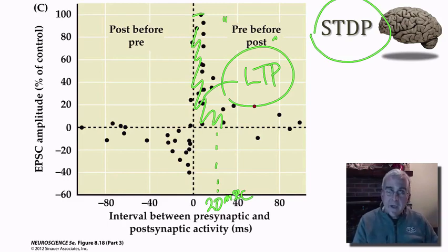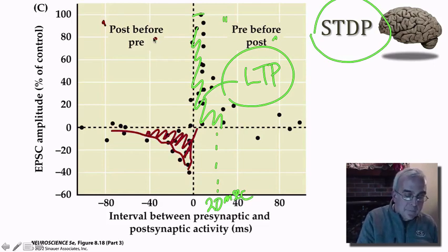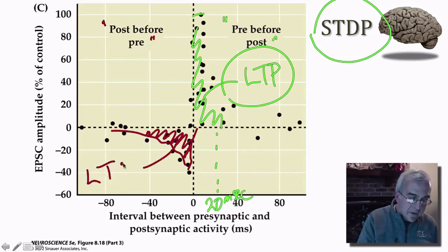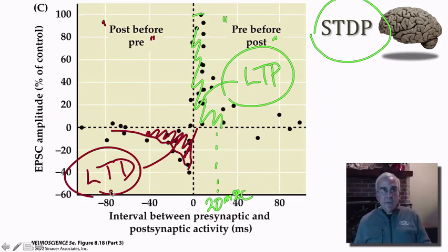Well, should that happen before the stimulus is applied to the input in question, we might have long-term depression in this post-before-pre regime. So this now is long-term depression, where the excitatory postsynaptic current is actually diminished when the firing of the postsynaptic cell precedes the firing of the input in question.